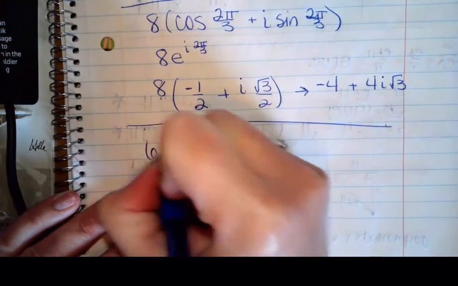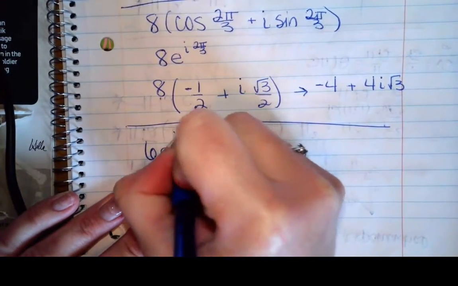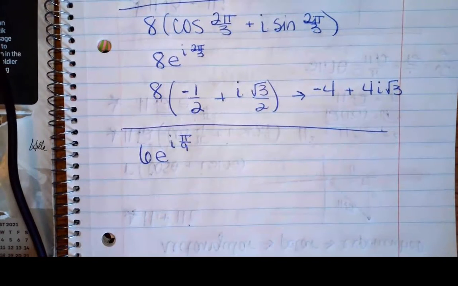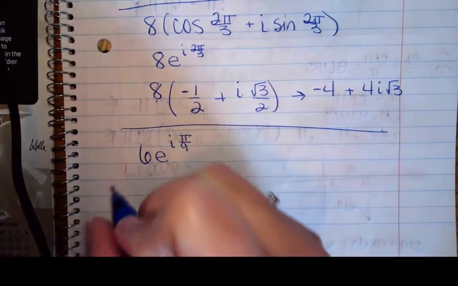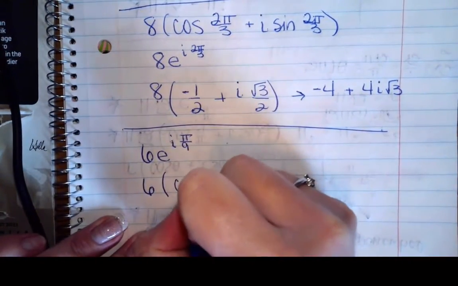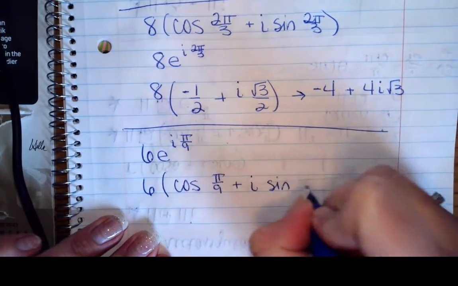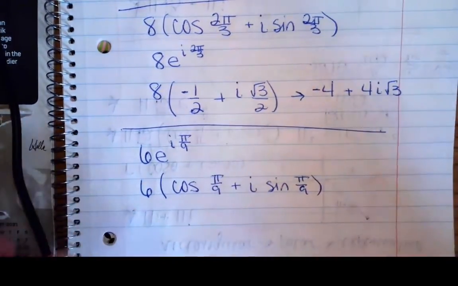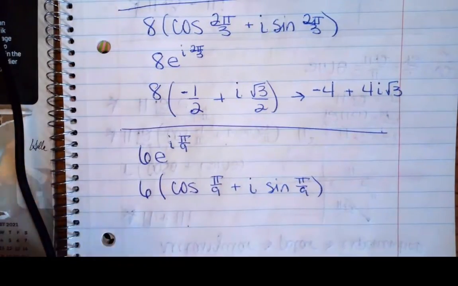So I have 6 times e raised to the i times π/9. I'm given exponential and I'm trying to go to rectangular, which means I need to go polar first. So my radius is 6, and then I've got the cosine of π/9 plus i times the sine of π/9, which means I've got polar.